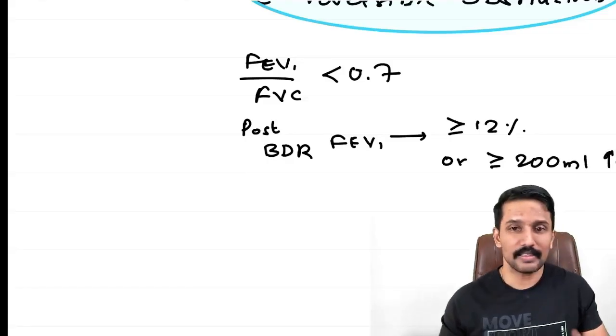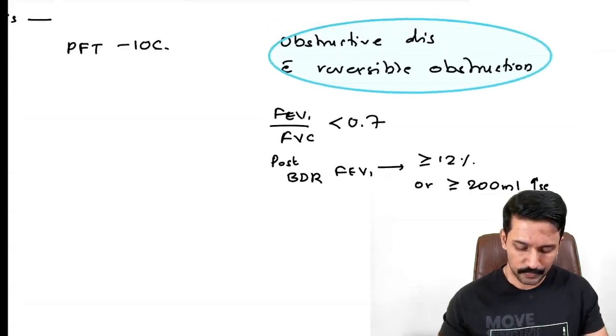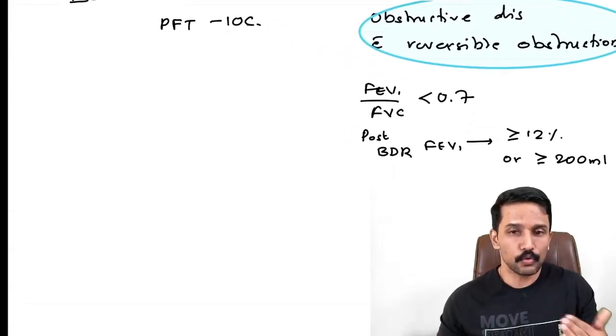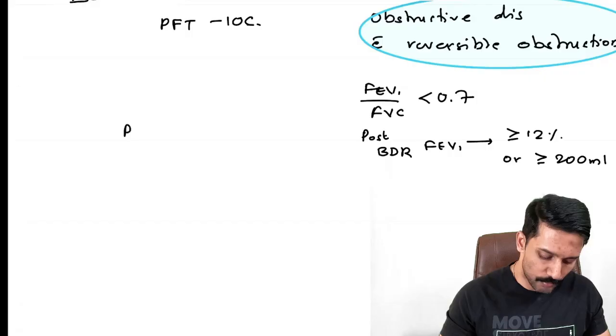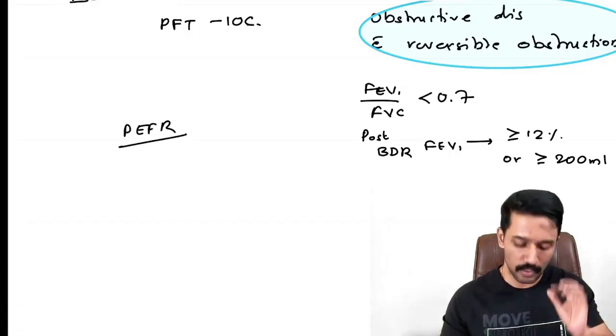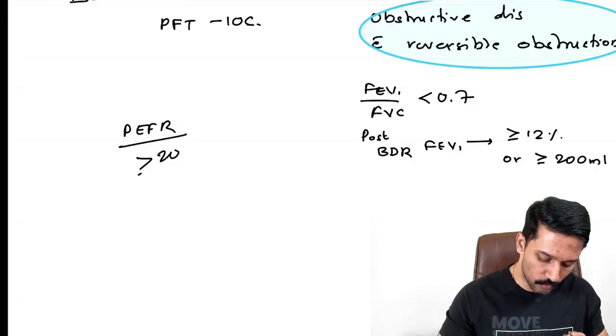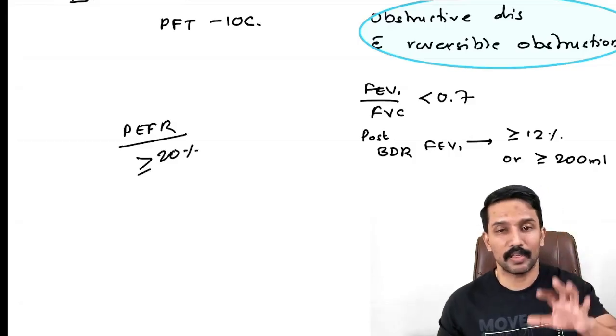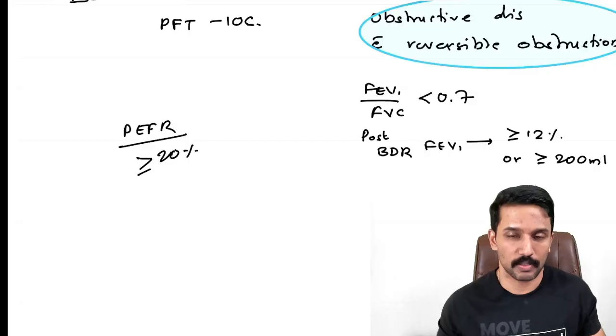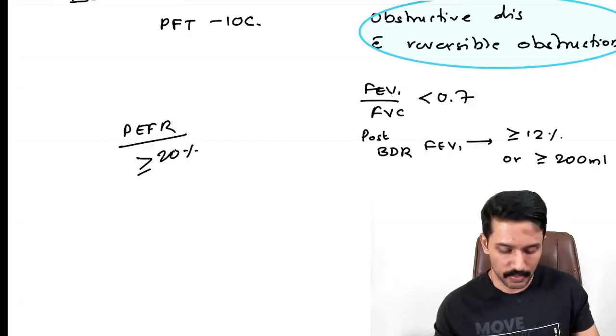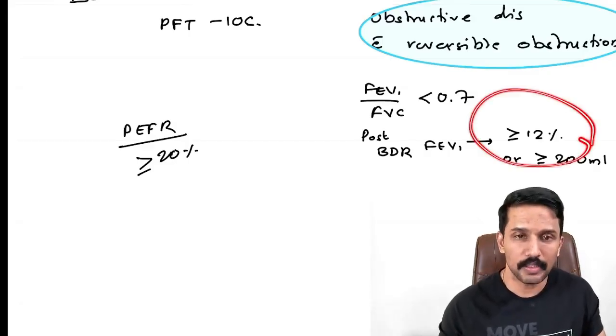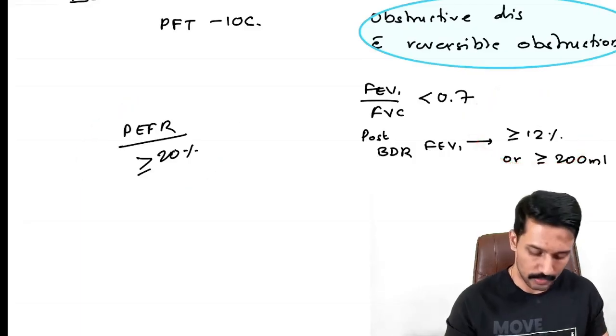That indicates that it is a reversible obstruction. If you are not able to use this, alternatively you can use peak expiratory flow rate. But there, if you're using PEFR, you need to have more than or equal to 20% increase in peak expiratory flow rate to call it reversible obstruction and call it asthma, right? If it is FEV1, 12%. If it is PEFR, 20%.